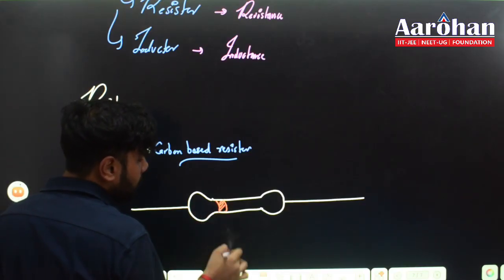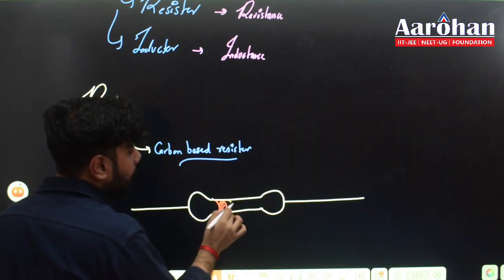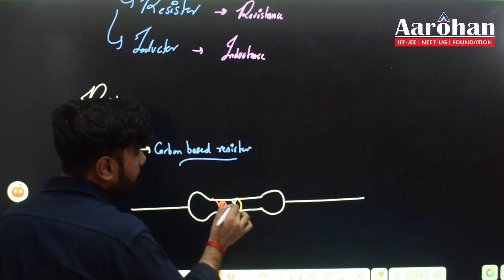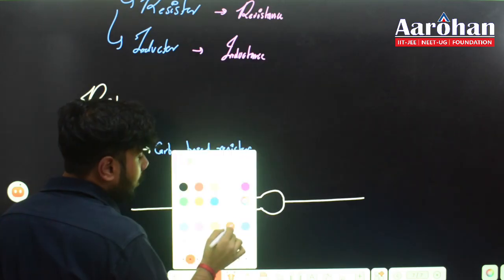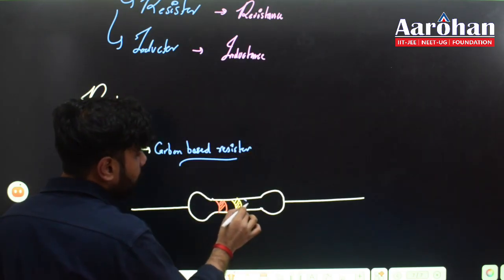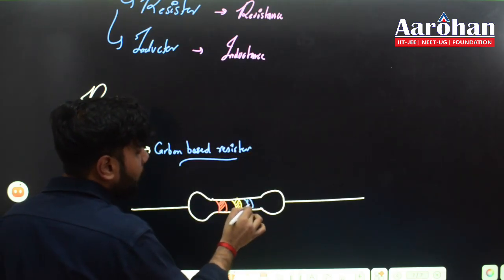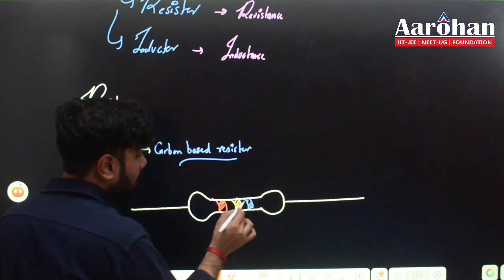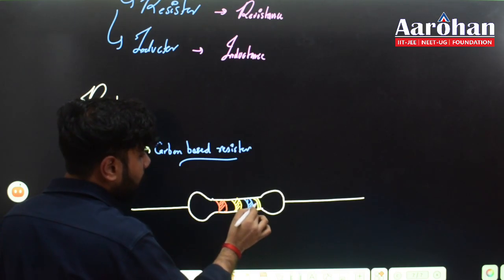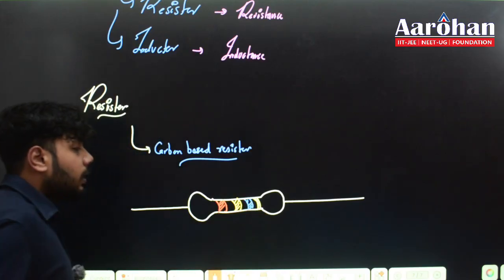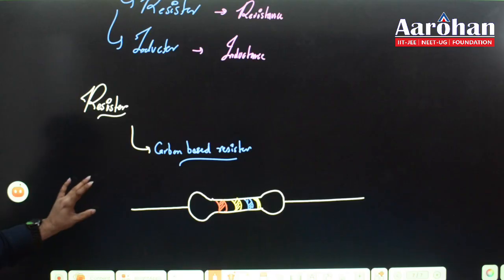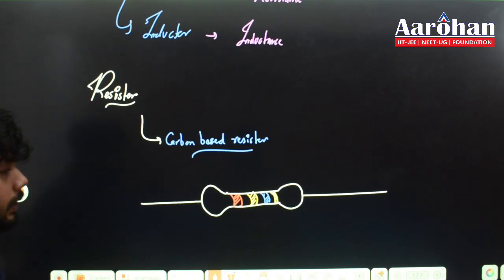The carbon based resistor is very small and it has some colors on it. From the color we can judge what it has as a value of resistance. It can have 4 bands, it can have 5 bands, whatever bands it can have. That color coding will tell you what is the resistance.